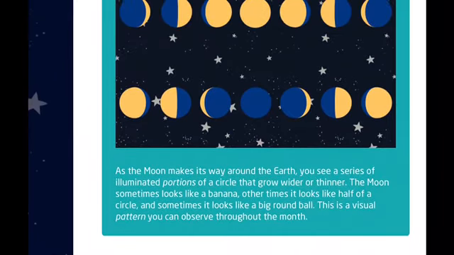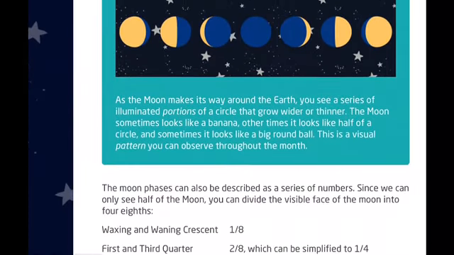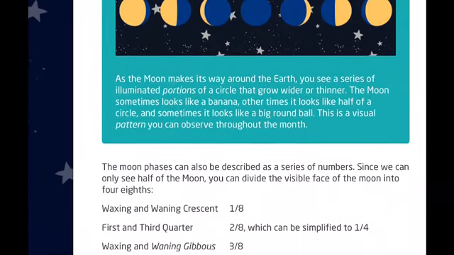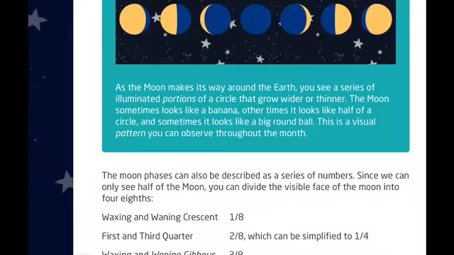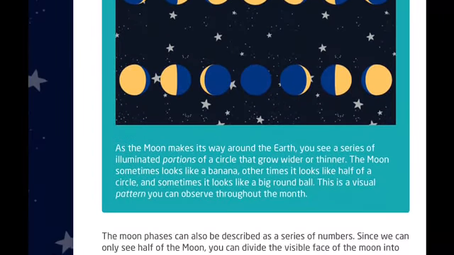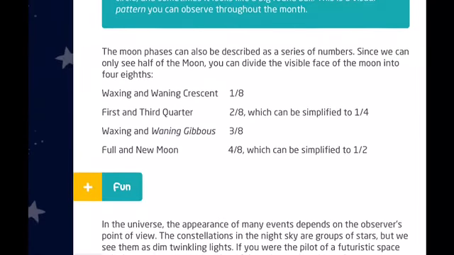And yes, it looks like a banana because it's thin. And what's at the half part, that means it's at the third quarter. This is a visual pattern you can observe throughout the month, okay? That means that throughout the month you can see the different phases of the moon, okay?